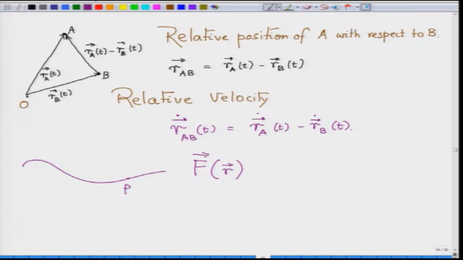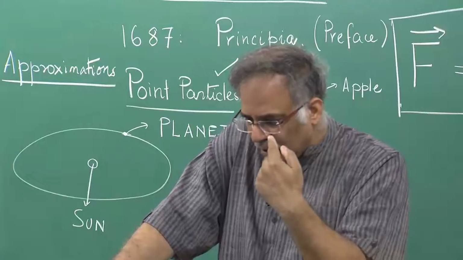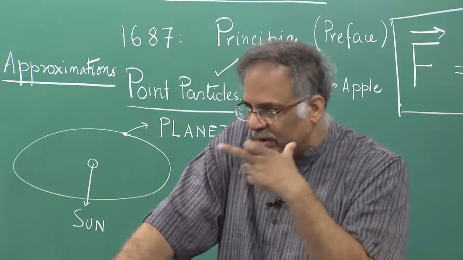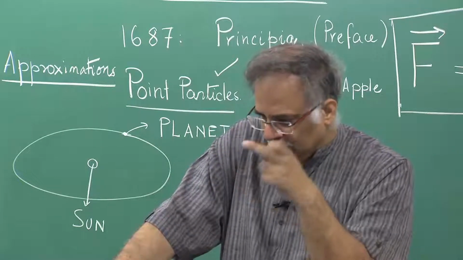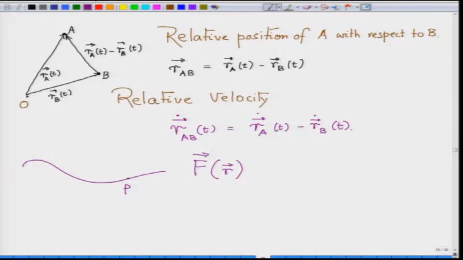The force is itself a vector because it acts in all three directions. A force on the body is not only acting in one direction, but you can resolve it into three different directions. So the force actually has three components.